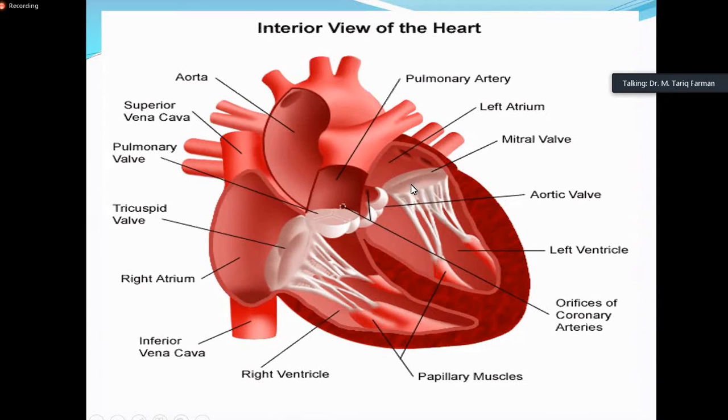In diastole the mitral valve is open, and the blood comes from the left atrium into the left ventricle. Then in systole, when the heart contracts, this mitral valve is closed, the aortic valve opens, and blood pumps out into the system. So this is the normal hemodynamics.